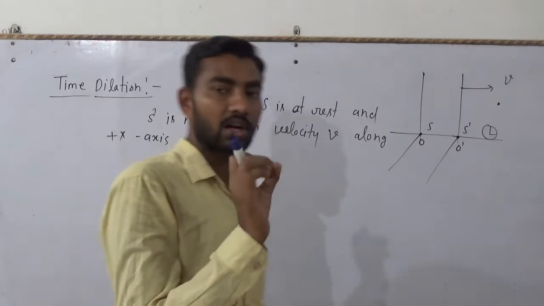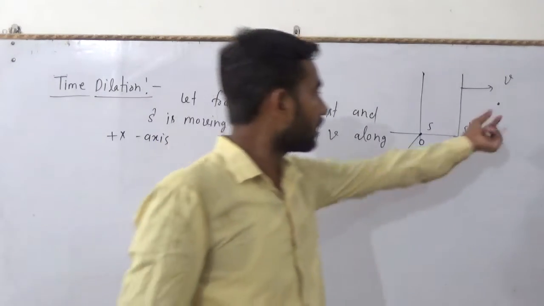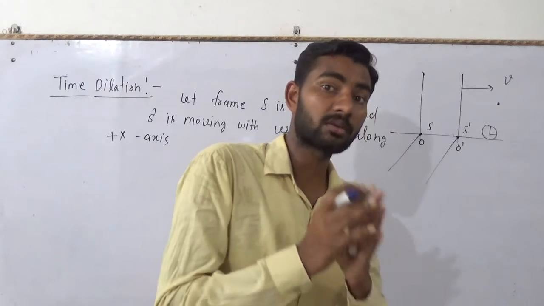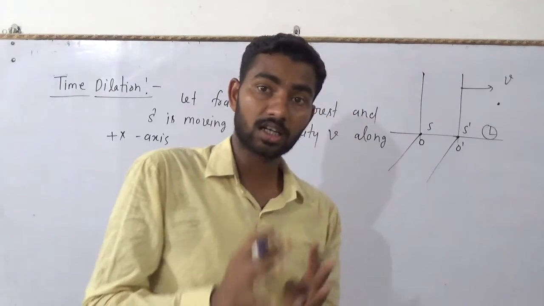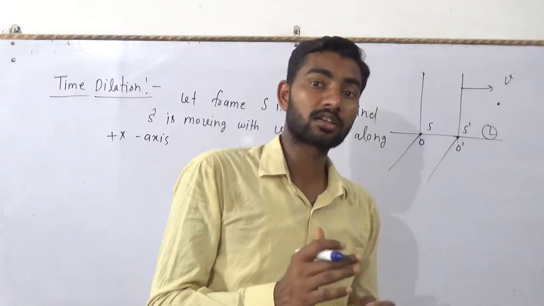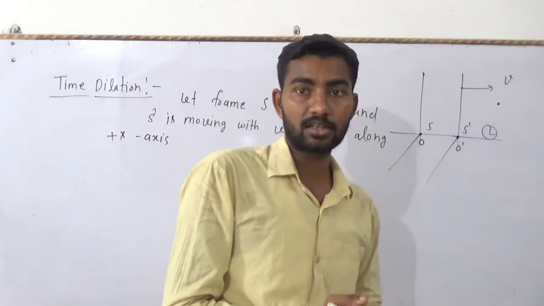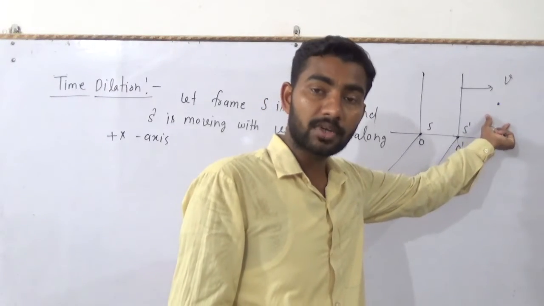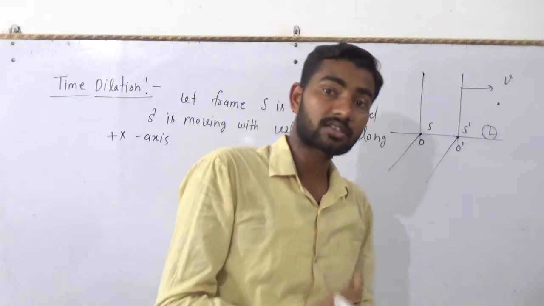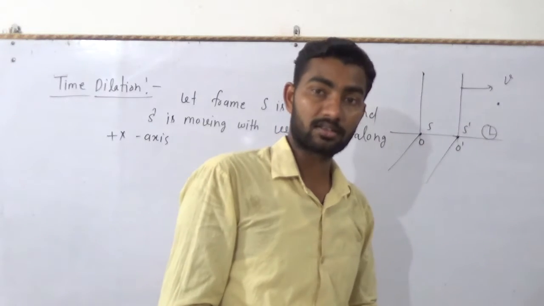Now here we want to consider the time difference, or time interval, of these two events which we have assumed. We have assumed two events occurring in this frame S dash at different times. Then we will observe the time interval of these events, one time in this frame of reference, and next time from the frame of reference which is at rest relative to S dash.